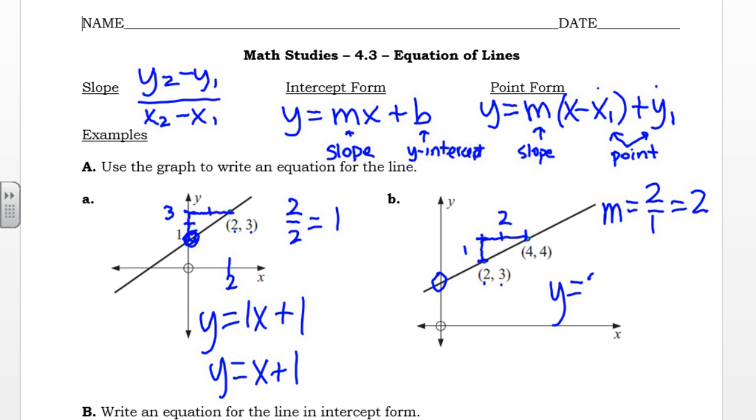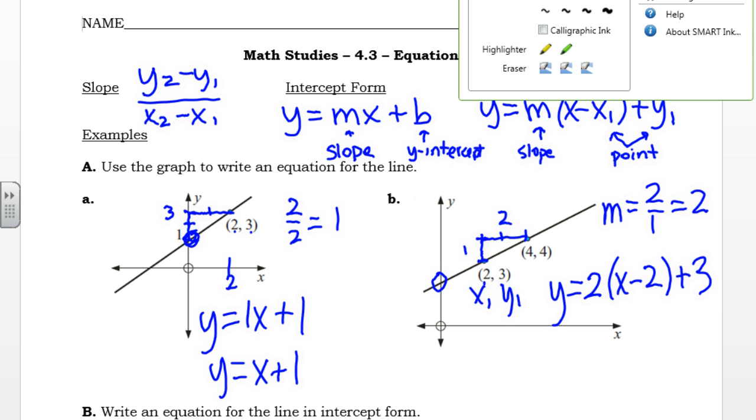So y equals, my slope is 2, x minus, my x1 is 2, plus my y1 is 3. Now, if we wanted to take this a step farther, we could convert this point format into intercept form. I won't do it now, but we'll practice it on an upcoming example.